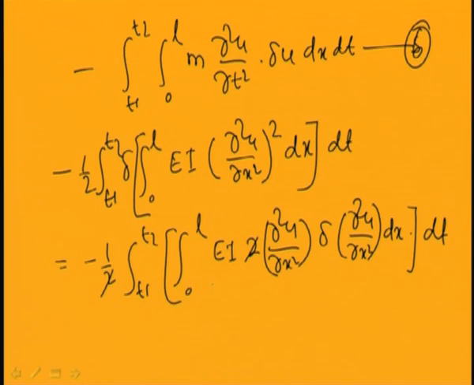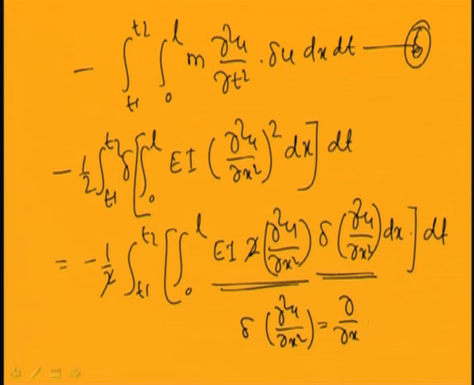Now, I will use these as the first function and these as the second function. In this case I can interchange and write this del squared u by del x squared as del by del x of del u by del x.